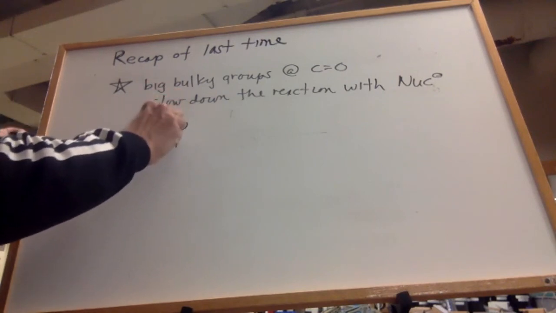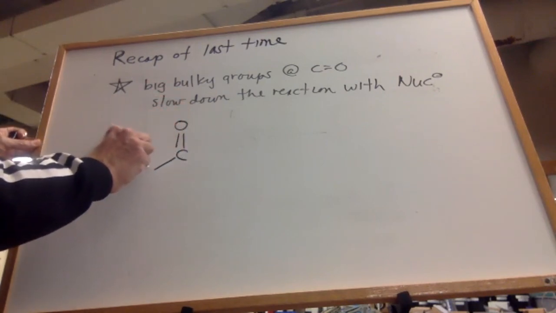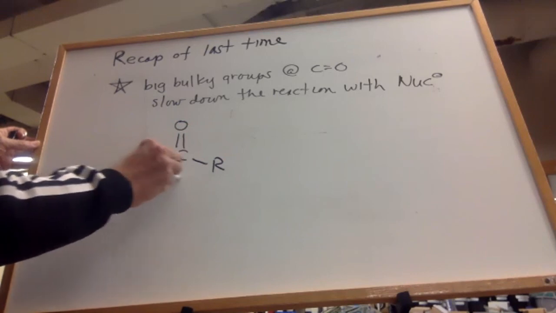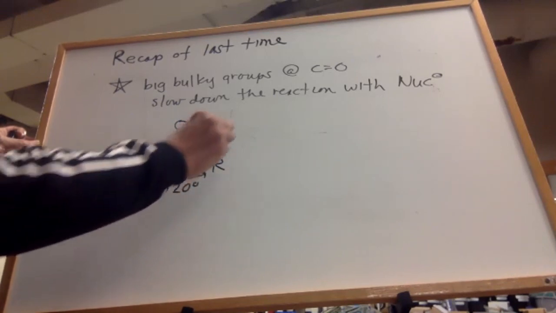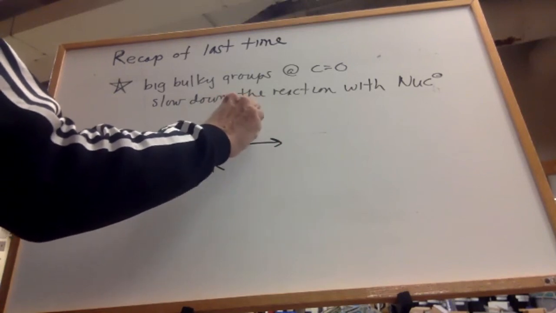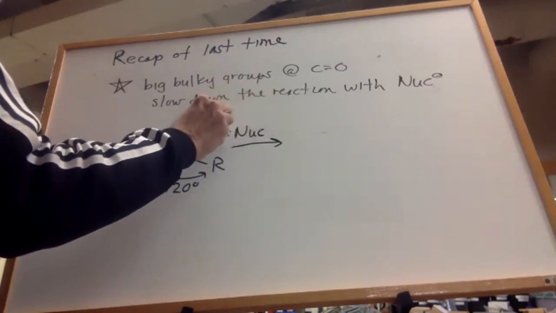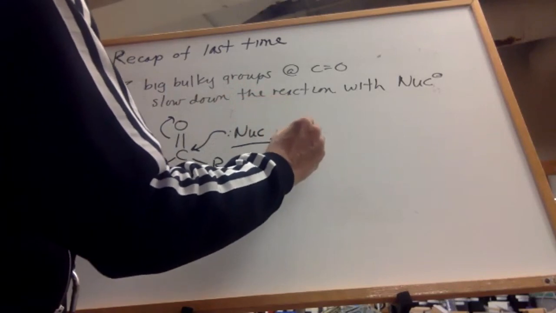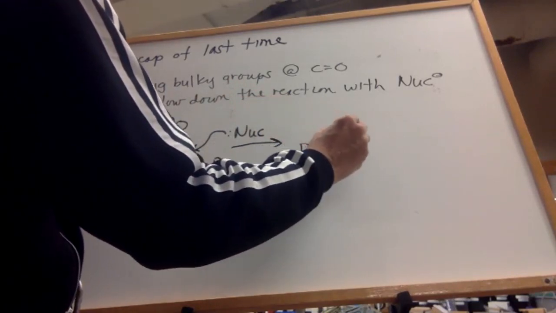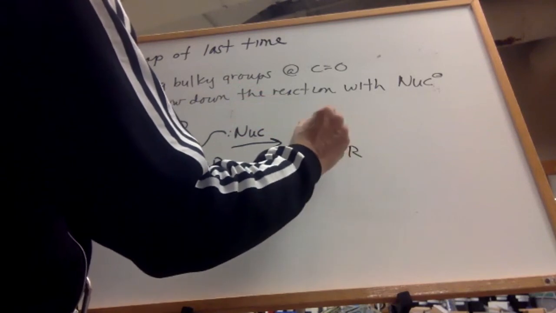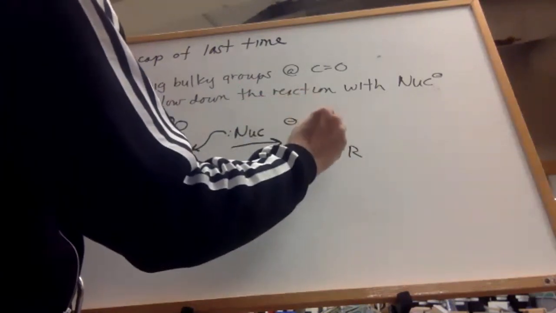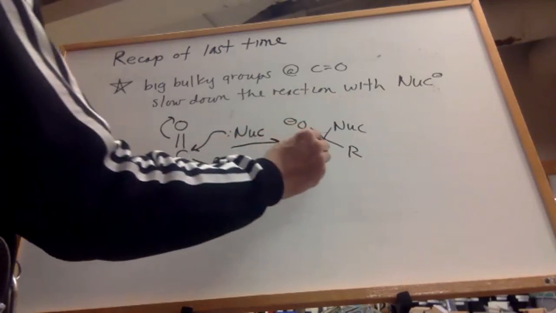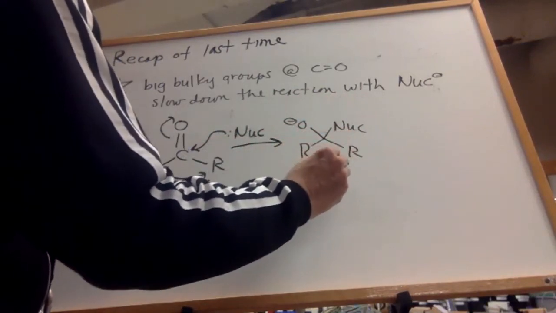So, for example, we said that initially this angle is 120 degrees, but when the nucleophile comes in, the angle is now compressed to 109 degrees because we're going from a steric number of 3 to a steric number of 4. And so now this angle is 109 degrees.